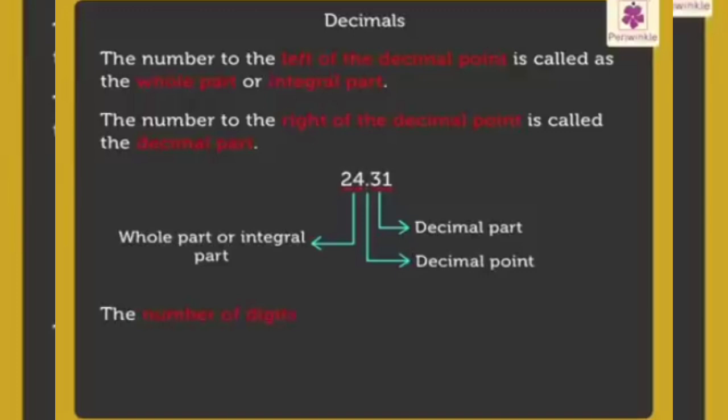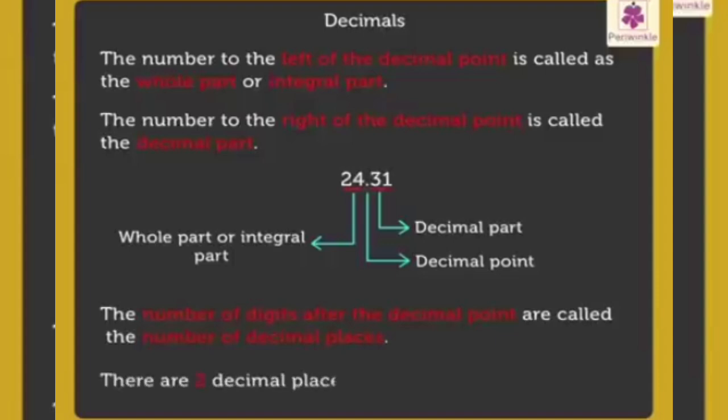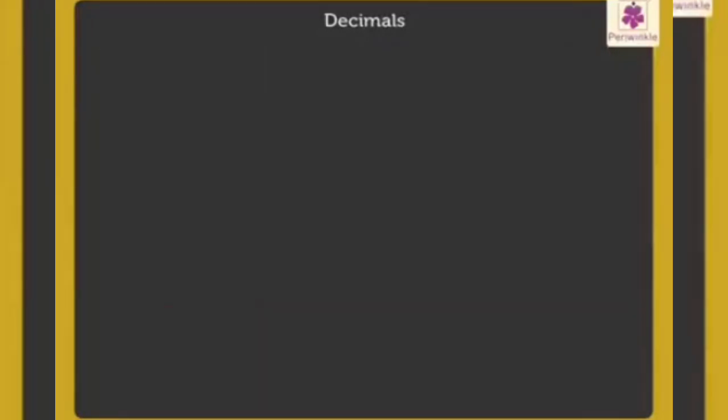The number of digits after the decimal point are called the number of decimal places. There are 2 decimal places in 24.31. Now, let's look at a few examples. 49.35. 49 is the integral part.